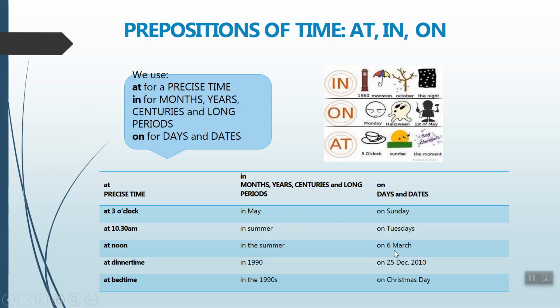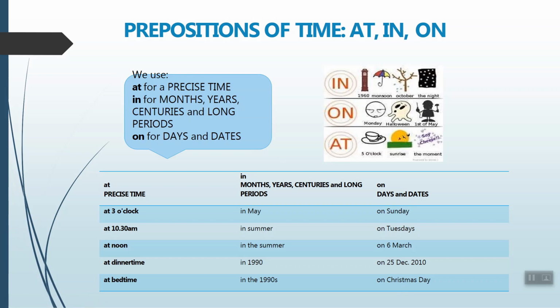When you put a number, you say on, without a number, in May. In May, but on 6 March, on 25 December 2010, on Christmas Day, on Valentine's Day.